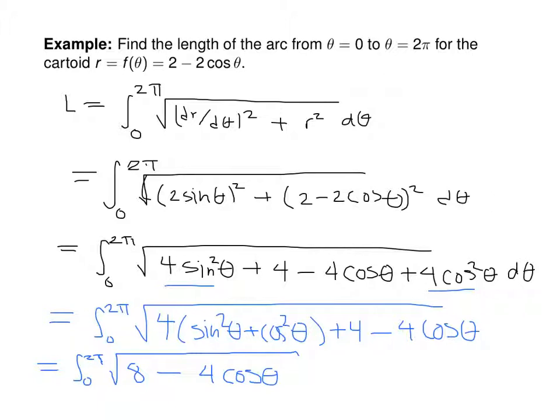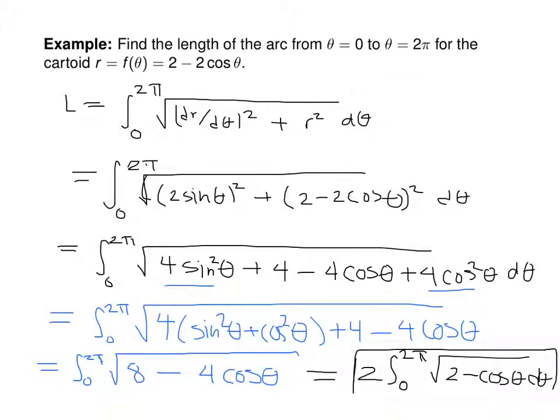And one more thing you could do technically would be to factor out a 4 and square root it, and make it 2 times the integral from 0 to 2 pi of root 2 minus cosine theta d theta. It seems so simple, but it's not very easy to integrate that. So let's just set it up and not solve it.